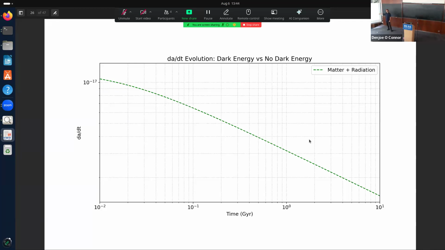In this universe, the derivative of the scale factor is decreasing. But we know, thanks to studying supernovae, that the universe is not shrinking. It's expanding, and it's expanding at an accelerated rate. So this is wrong. There's something wrong with our equations.